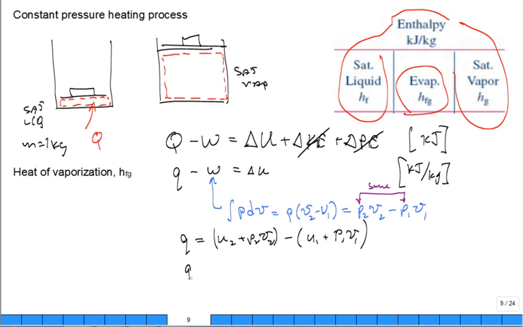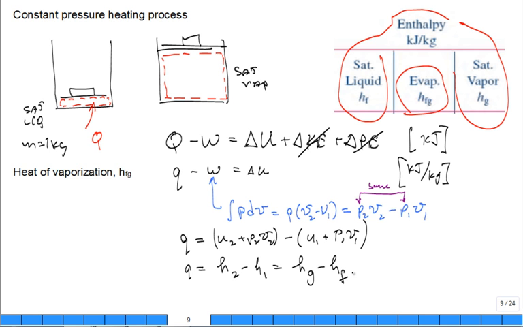You know what? The amount of heat brought in to take the 1 kilogram of water from saturated liquid to saturated vapor is exactly h2 minus h1, or hg minus hf. It's the difference between the saturated liquid specific enthalpy and the saturated vapor specific enthalpy. See that?